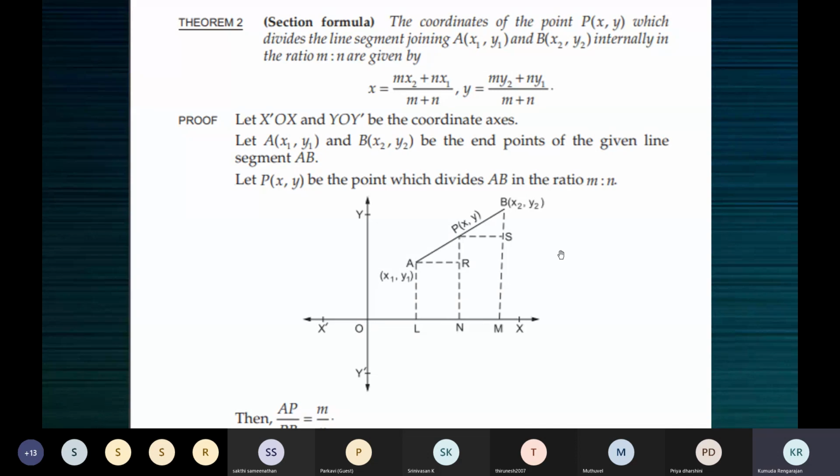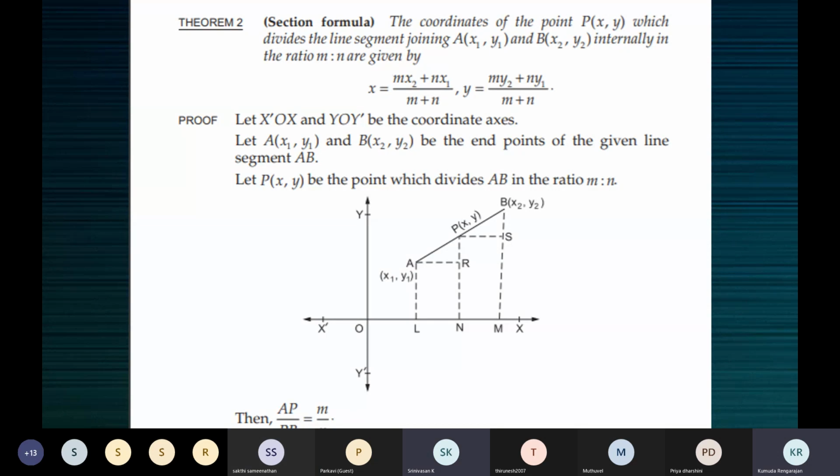Now let's find PS. What is PS equal to? NM. And NM can be found using? LM minus LN. No, always start with the origin. Tell me using line segments first.